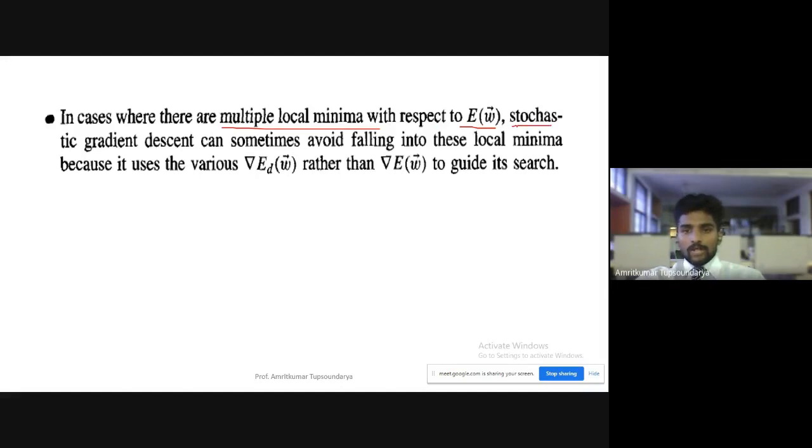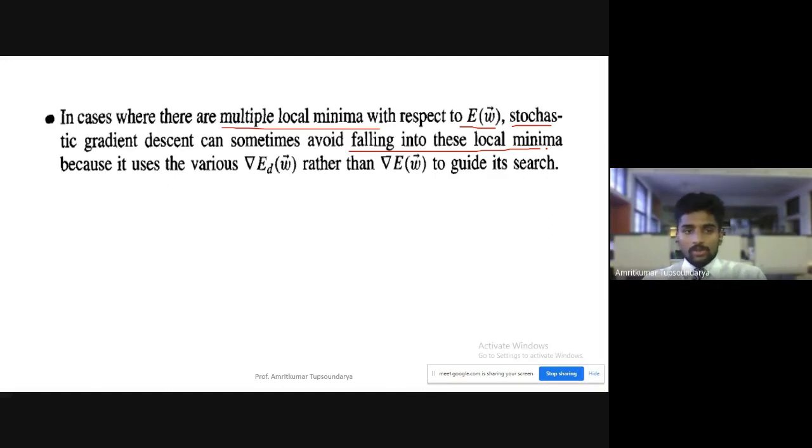In that case, the stochastic gradient descent can sometimes avoid falling into these local minima, right? Because we are considering every example, it can avoid falling into those local minima which we are looking for.